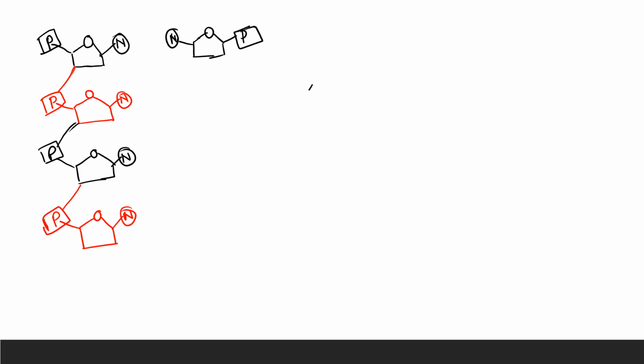These two nitrogen bases will make a bond, right? So like this, we have nitrogen here.